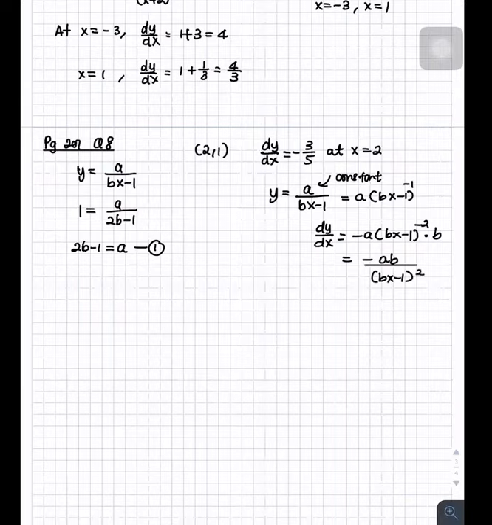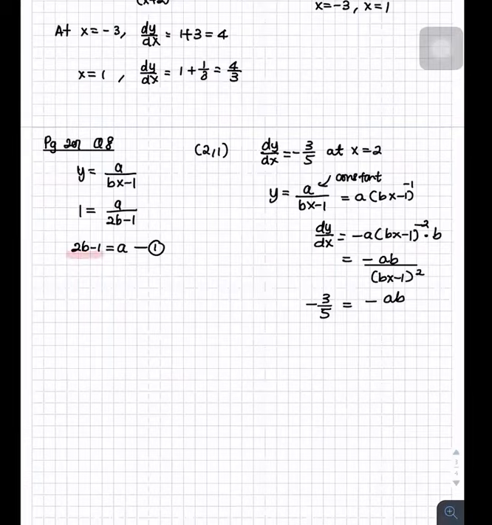And then I know the dy/dx is negative 3 over 5 when x is 2. Okay, let's substitute. Okay, I think I don't want to substitute. You know why? Because I saw something over here.